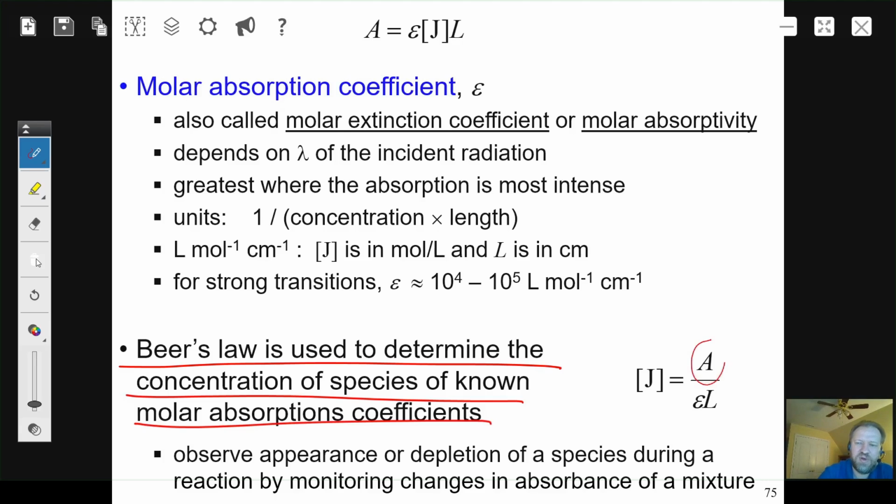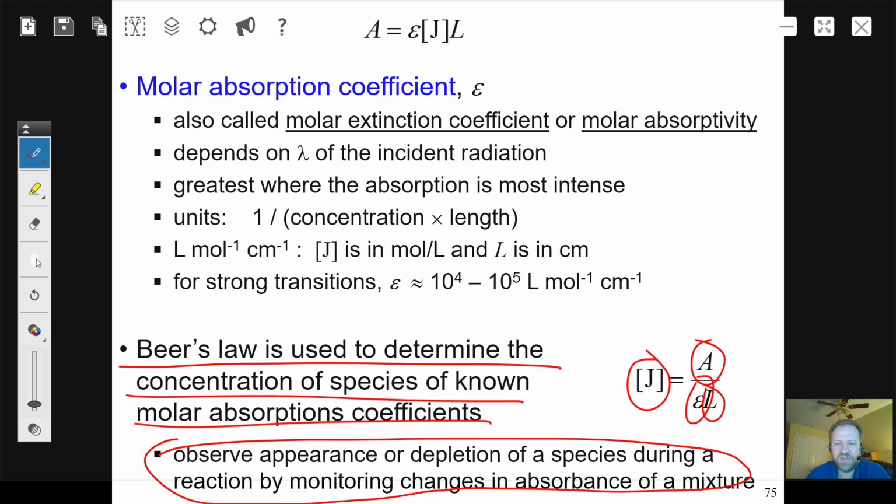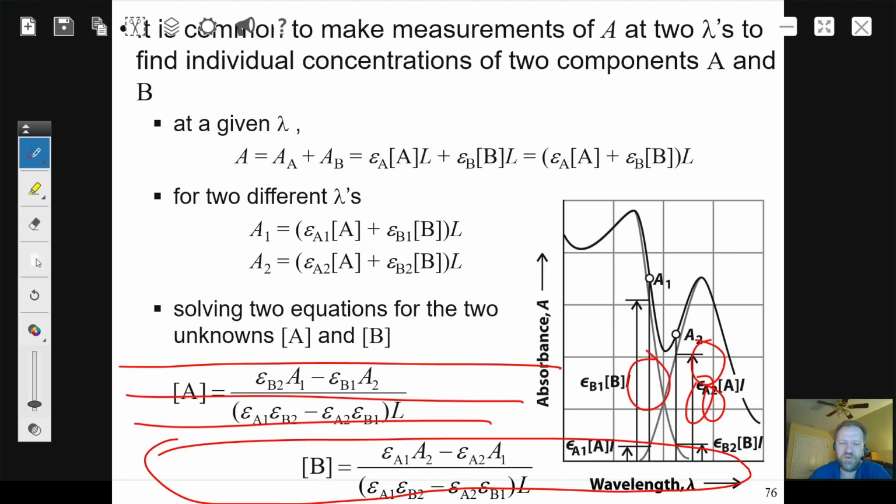So you measure the absorbance, you know the path length of your cuvette, and if you know the molar absorption coefficient at a given wavelength, you can determine the concentration of species. And of course, this law also allows us to observe appearance or depletion of species during a reaction by monitoring changes in absorbance of a mixture.